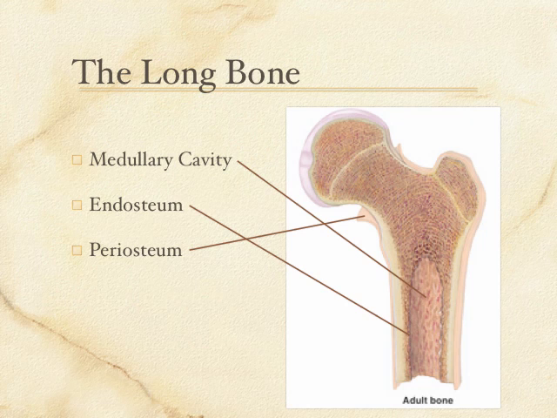Now, what's the big advantage to that? Well, muscles need to hang on to bones. And muscles are attached to bones by cords of connective tissue we call tendons, right? Dense, fibrous connective tissue. Guess what? The periosteum and the connecting tissue of the muscle are the same stuff.